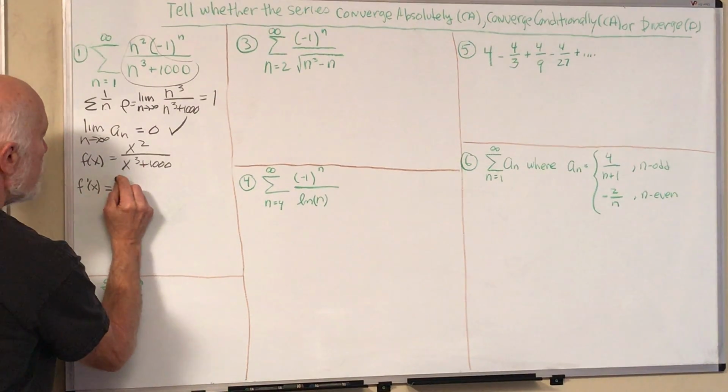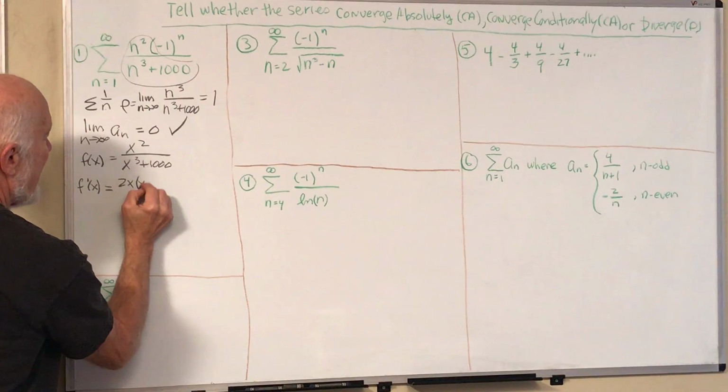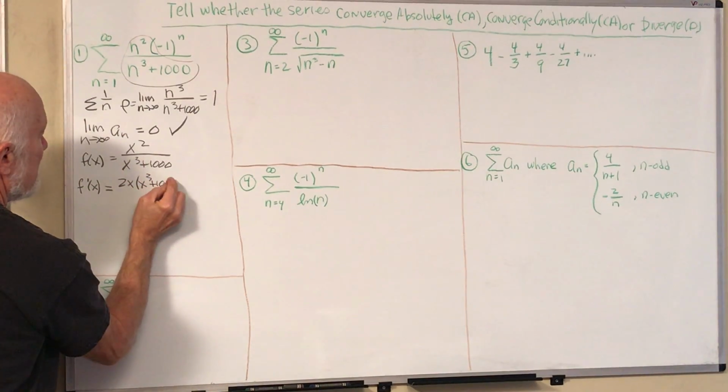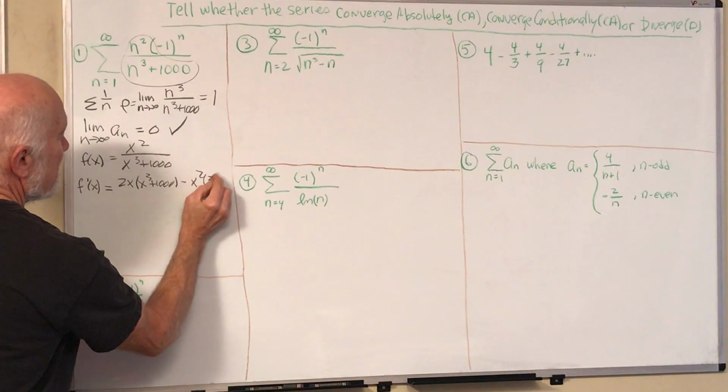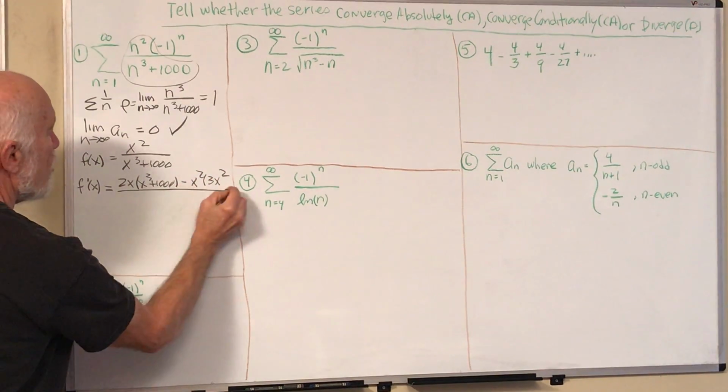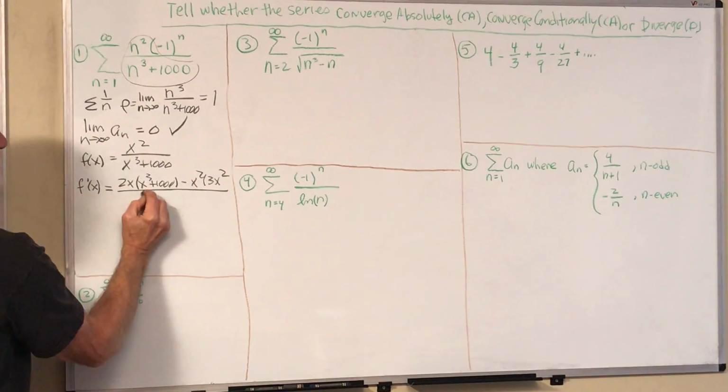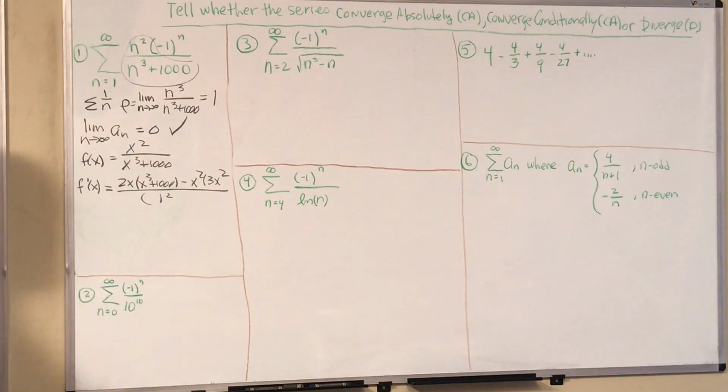So I go low d high minus high d low, all over low squared. Well, I'm not going to even write it because that's always positive.